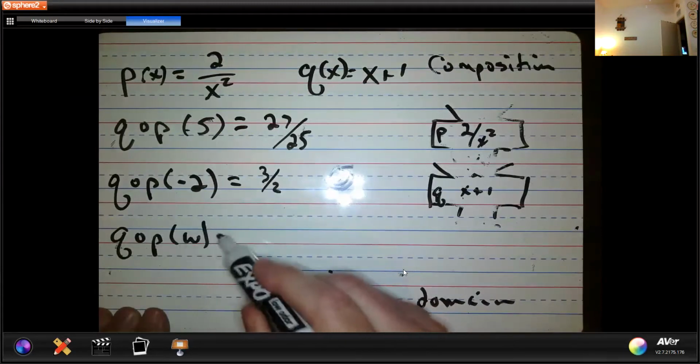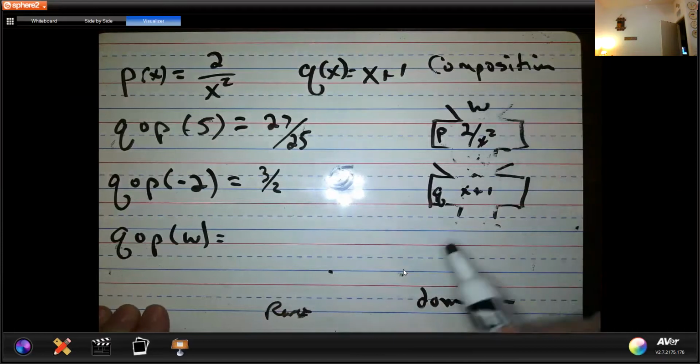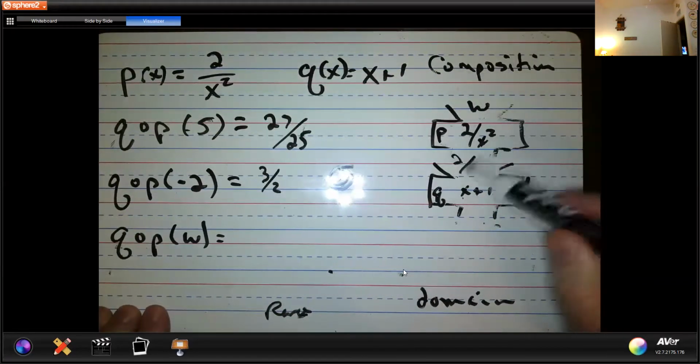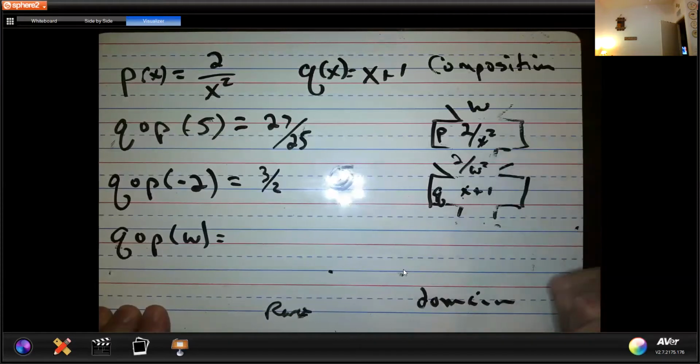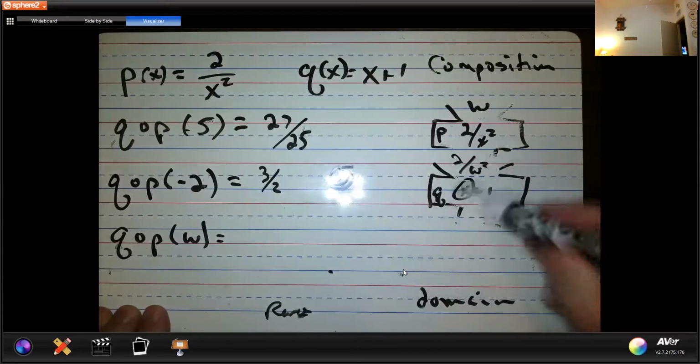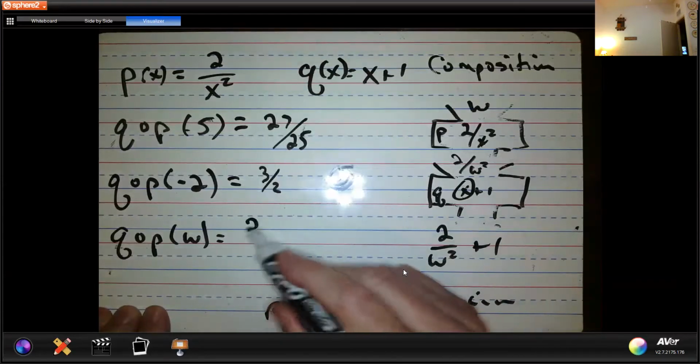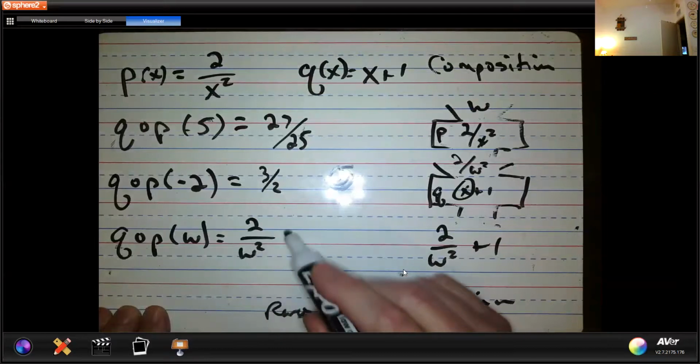You just plug in a letter. So I'm going to plug in W. So when W goes in, 2 divided by W squared comes out. And remember, it has to fall directly into there, right? So that would be 2 divided by W squared plus 1. Yahoo! That's the answer. 2 divided by W squared plus 1.